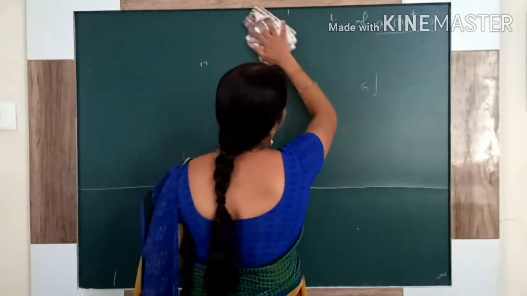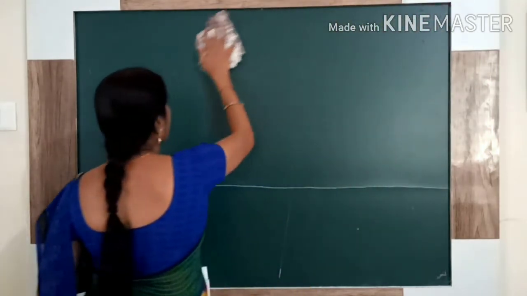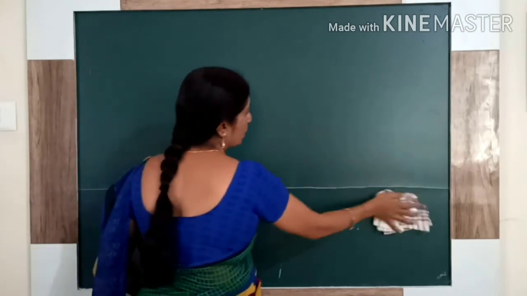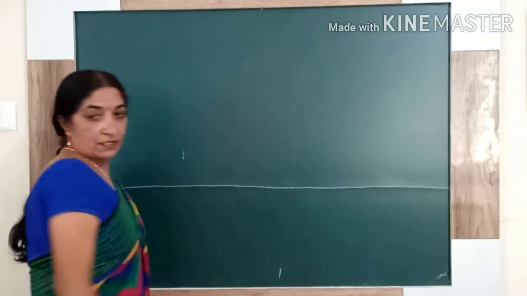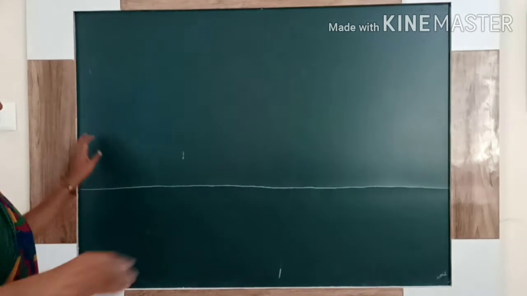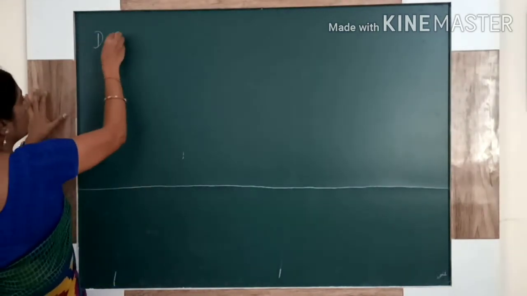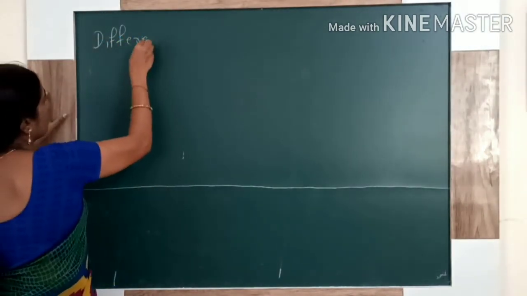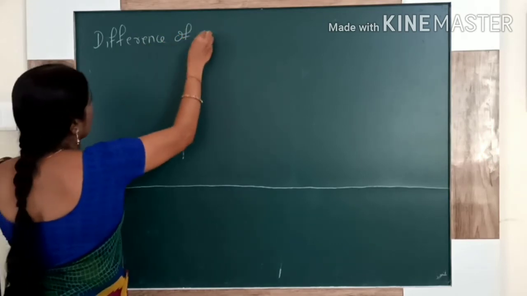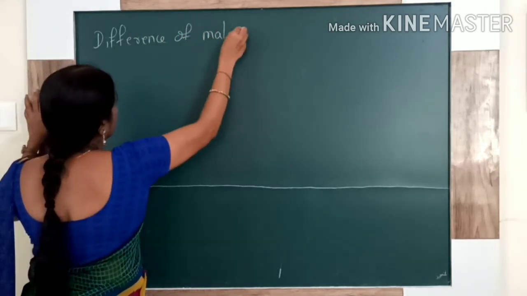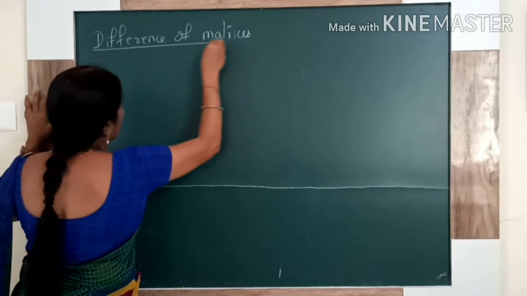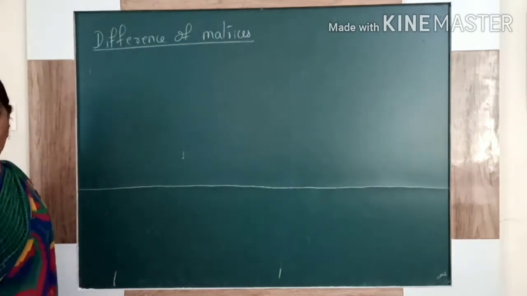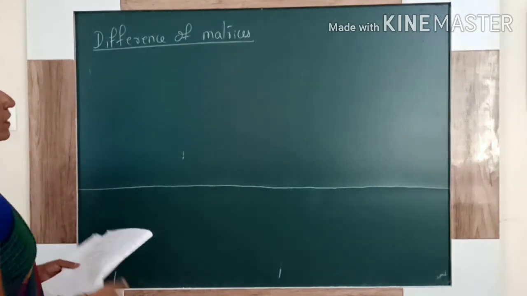Now we are defining difference of matrices. So difference is nothing but you have to see the order. If the orders are same, just go for simple subtraction. Difference means subtraction. Difference of matrices. See, this I am explaining with the help of an example.